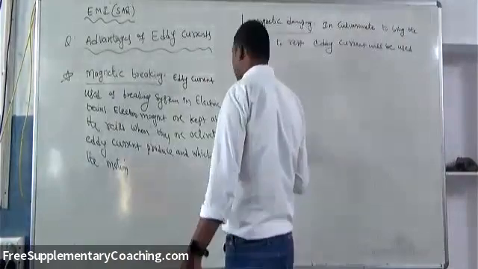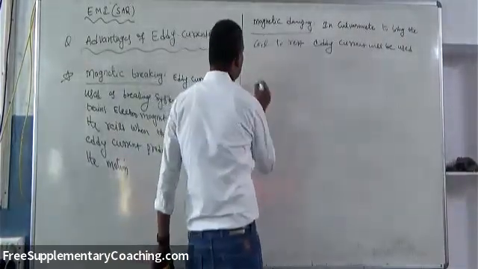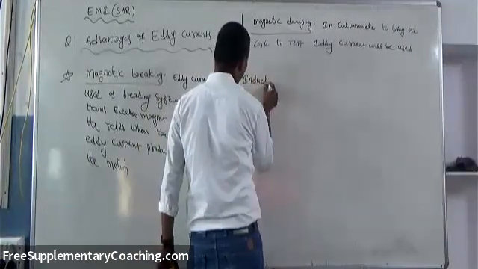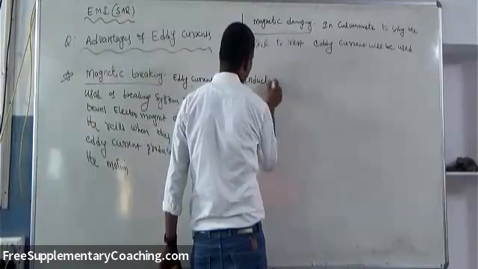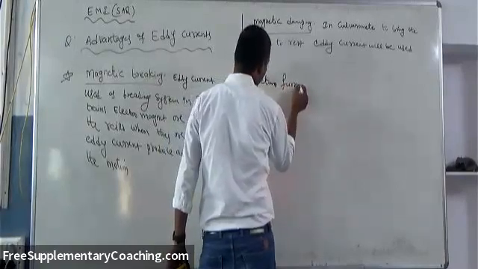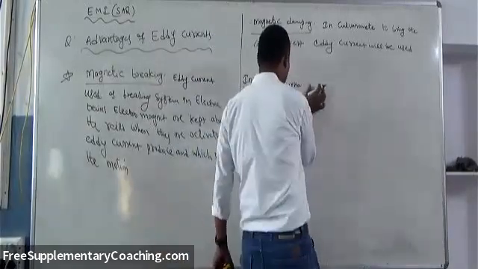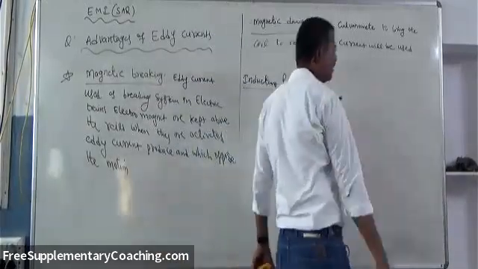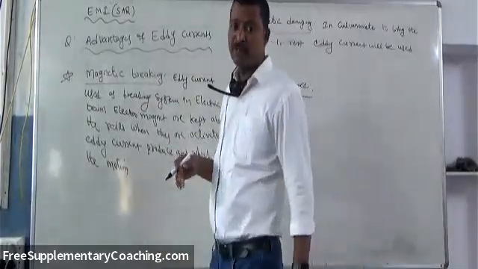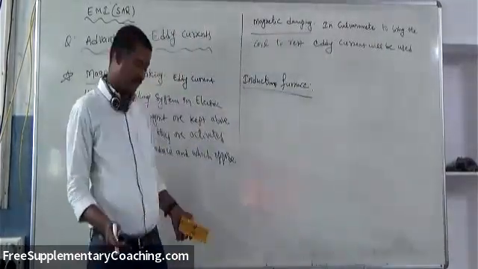Next, after magnetic damping, the induction furnace. Generally, this furnace is used to develop high temperature by using the concept of eddy current.